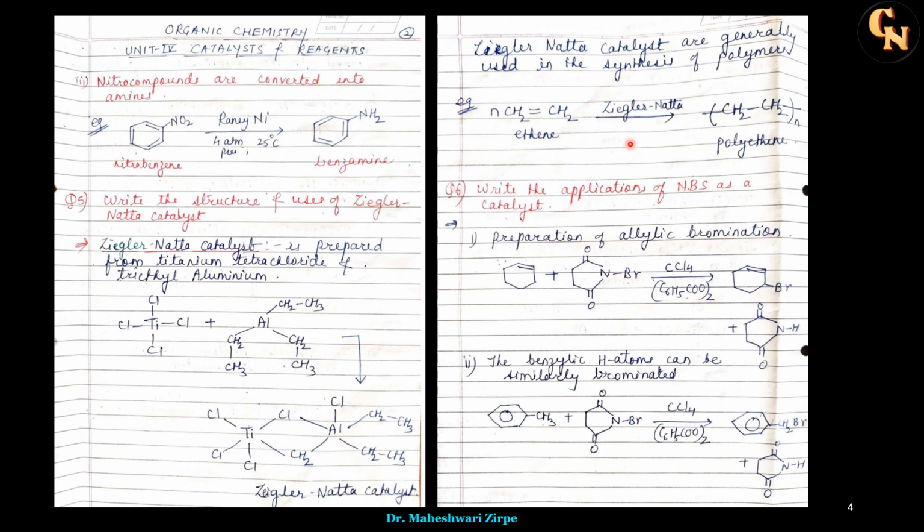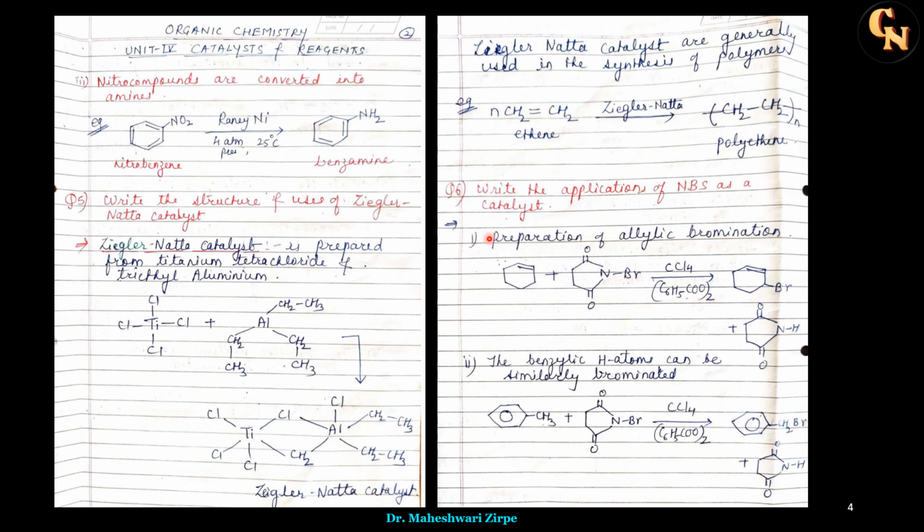So here the Ziegler-Natta catalyst is used to prepare polyethylene. The ethene reacts with itself to form a polymer, which is polyethylene, and the catalyst used here is Ziegler-Natta catalyst. So this we have already seen in the lesson on polymers in unit 4. Now the next question, this question will be asked for 3 marks.